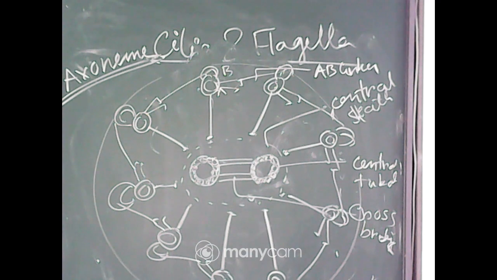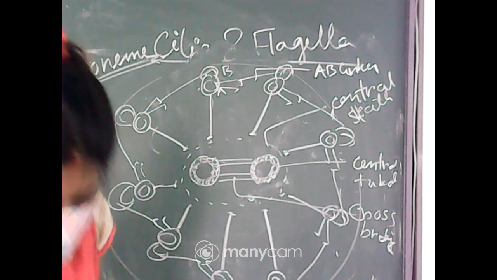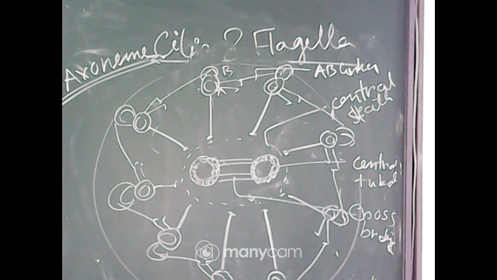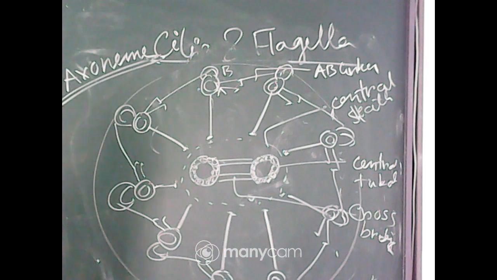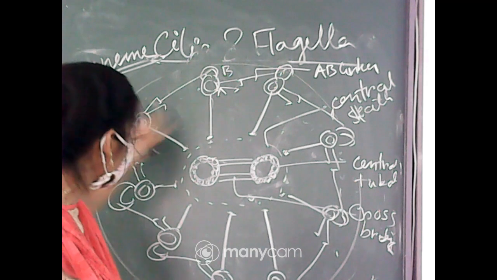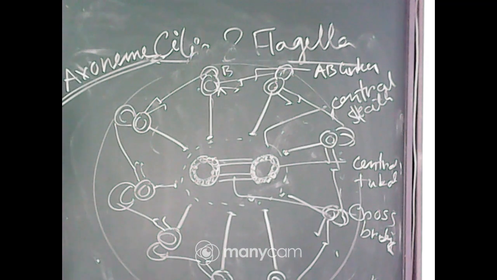Now, I am repeating all the parts once again. In the electron microscopic study, in the inner part of the cilia and flagella we will find a structure which is called the axoneme, which possesses 9 pairs of doublet radially arranged peripheral microtubules, and 1 pair of centrally located microtubules.